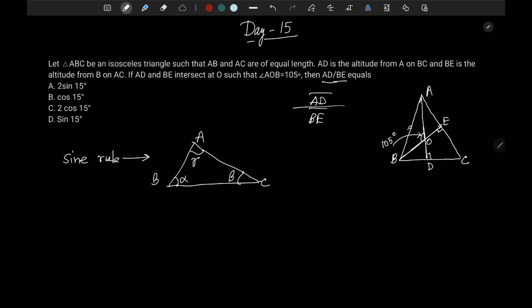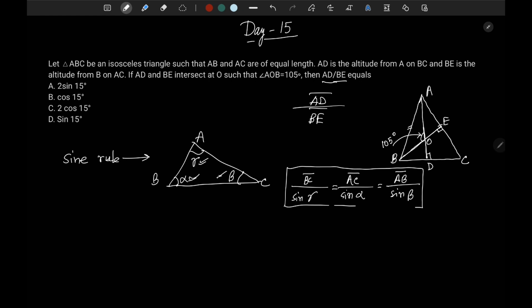If we apply sine rule on this triangle ABC, then BC divided by the sine of its opposite angle gamma, so BC by sine gamma, is equal to AC by sine alpha, equal to the remaining side AB by sine beta. This is the thing you have to remember and apply in case of similar problems.